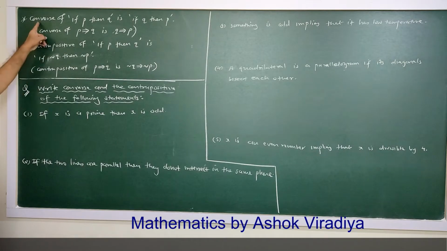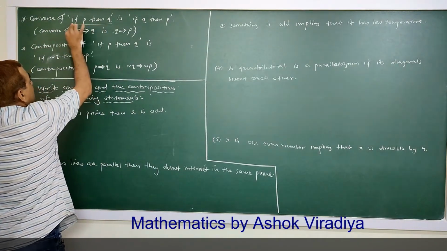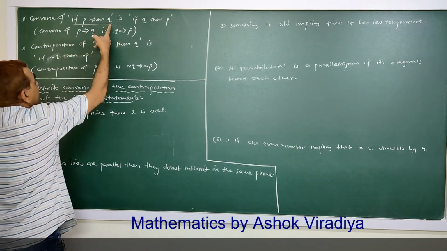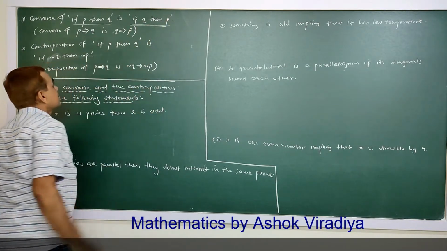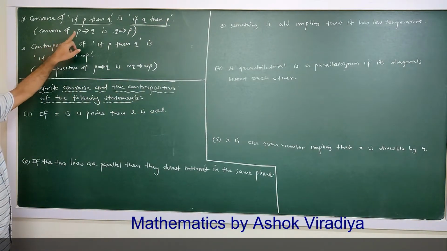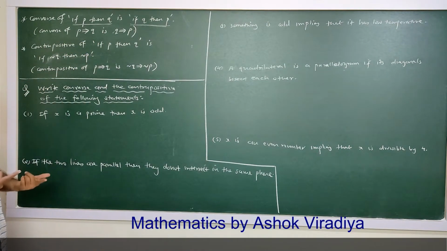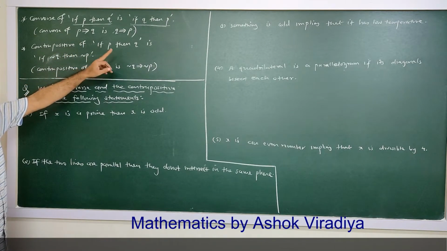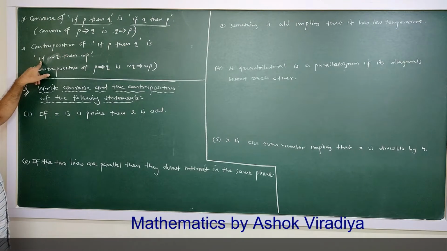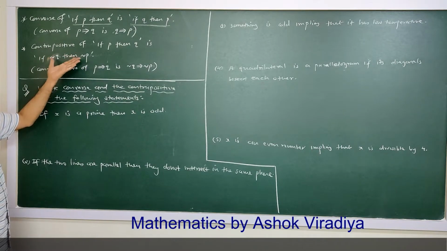Now the converse of if P then Q. The converse of if P then Q is if Q then P. Means the converse of P implies Q is Q implies P. And the contrapositive of if P then Q is if not Q then not P. This is an equivalent statement.